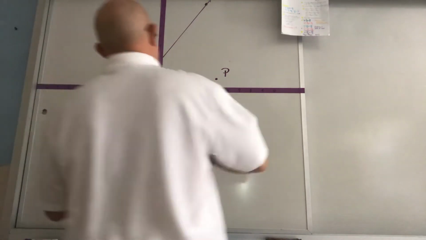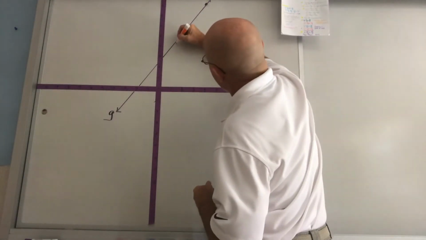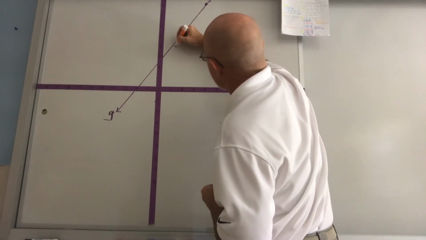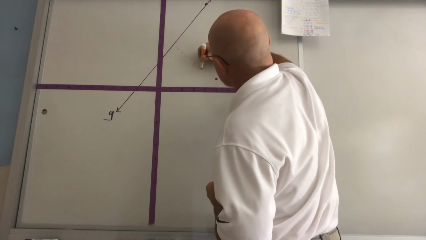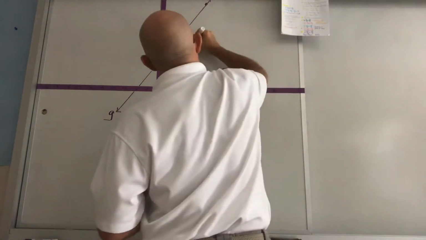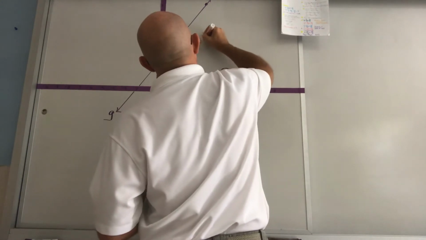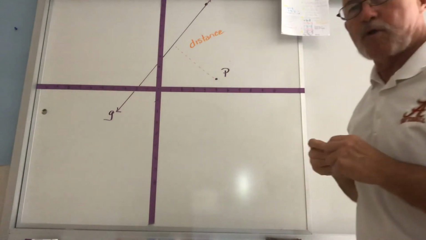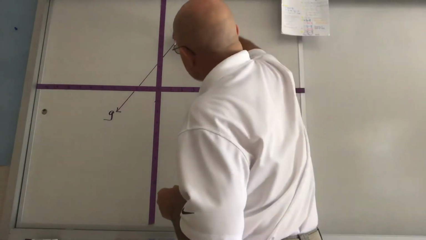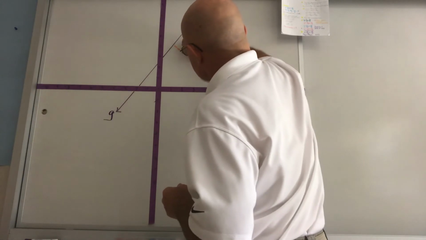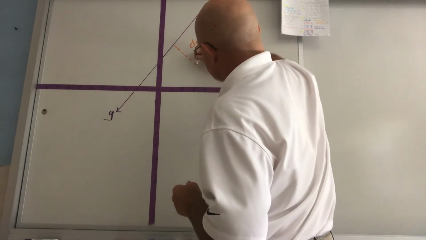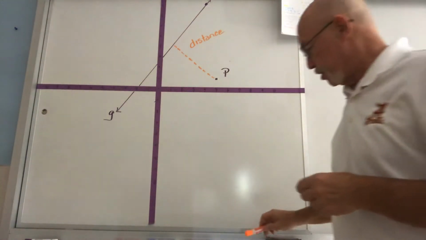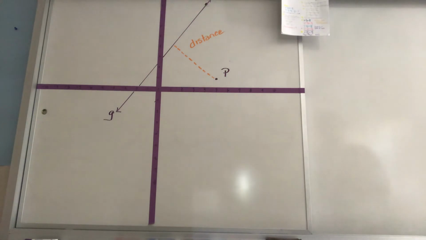I had to get a slightly brighter color. This is the distance we're trying to find right here. I looked down and saw that you couldn't see that at all. Okay, so that's what we're looking for.